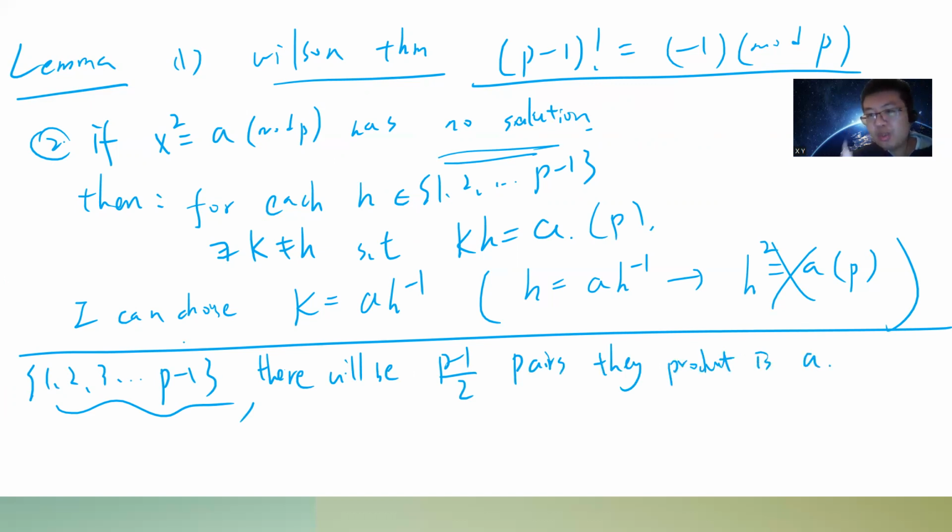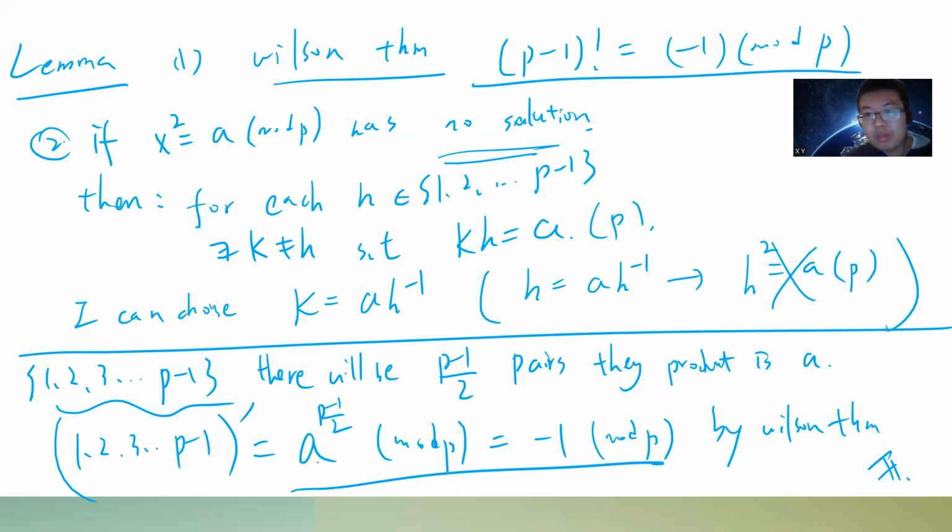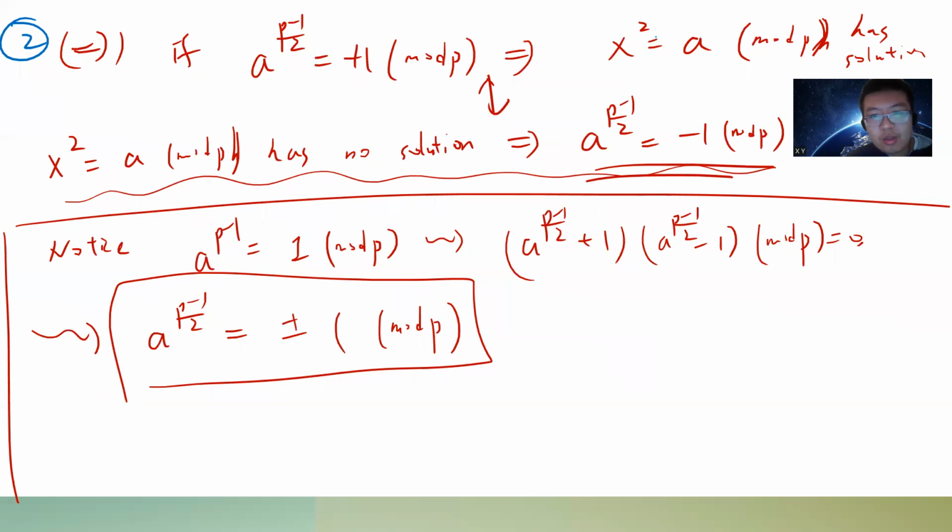So if you take the product of all of them, you get (p minus 1) factorial equals a to the (p minus 1) divided by 2, because each pair becomes a. And if you mod p, then it will be minus 1 mod p by Wilson's theorem. So that proves the result.